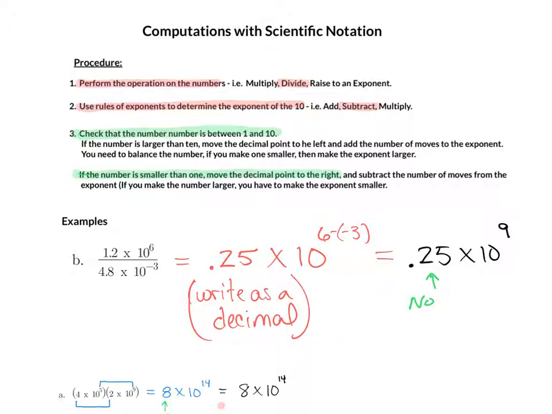So we're going to turn our 0.25 into a 2.5. Since we are making our number larger, I want to make my exponent smaller, so I'm going to subtract 1 from the 9. And so my final answer is going to be 2.5 times 10 to the 8th power.